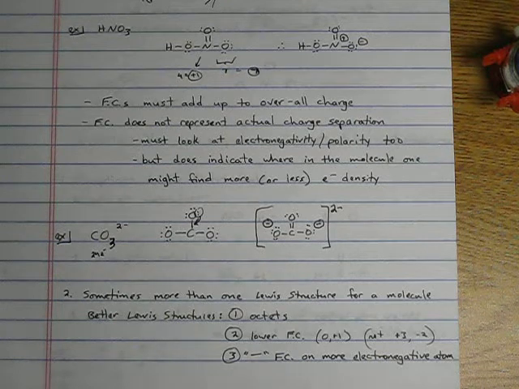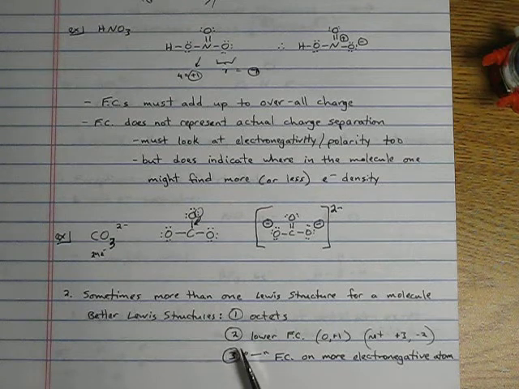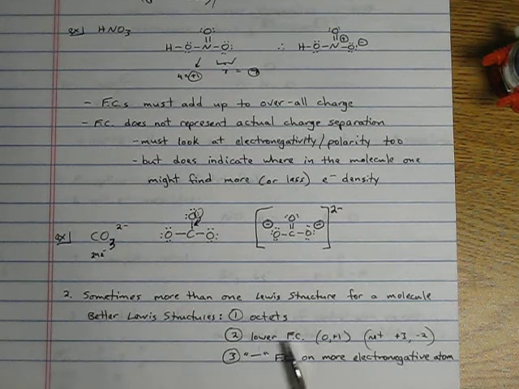What makes a Lewis structure more realistic? One thing, octets. If every atom has an octet, that tends to be a better Lewis structure. The other thing to look at is your formal charge. We find that good Lewis structures, lower energy Lewis structures, more stable molecules, have lower formal charges.